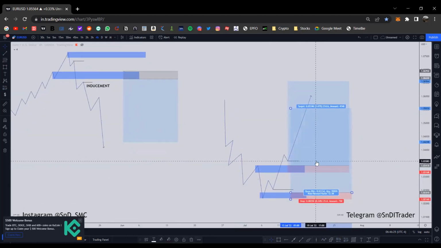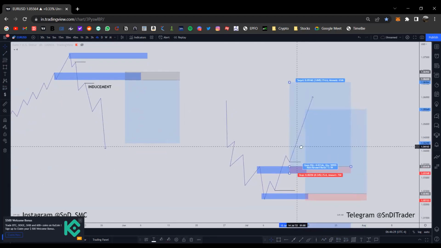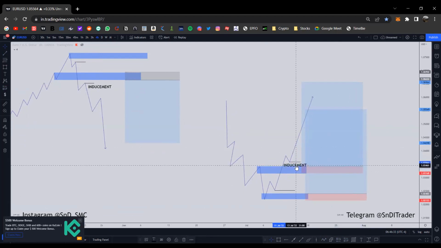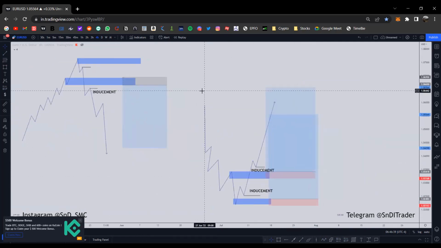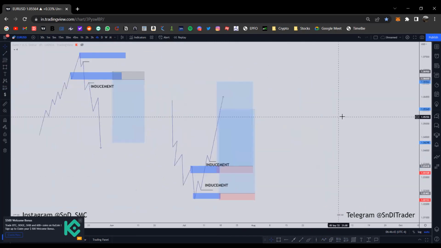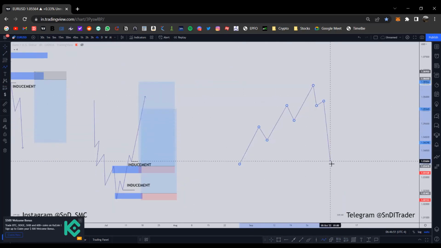You can have this as a point of interest and this as a point of interest. These two will be the inducement of this high, this weak low, weak high, and this weak high. That is how we see it. Inducements are like if price is making higher high, higher low, higher high, higher low, higher high, and drop.